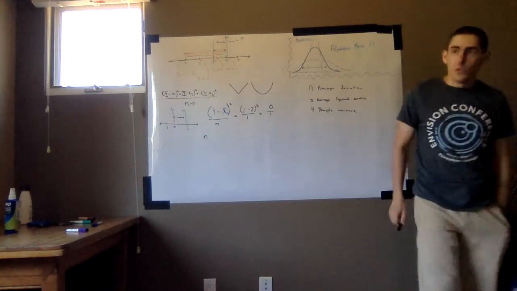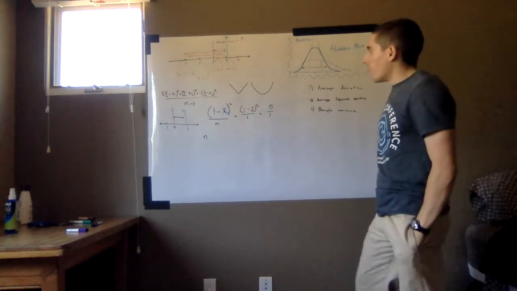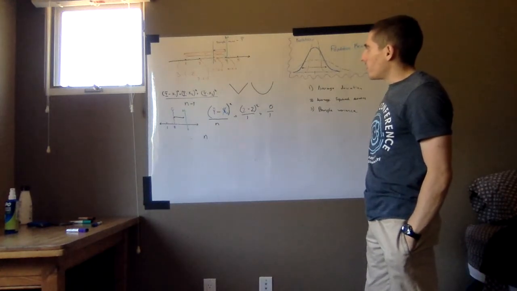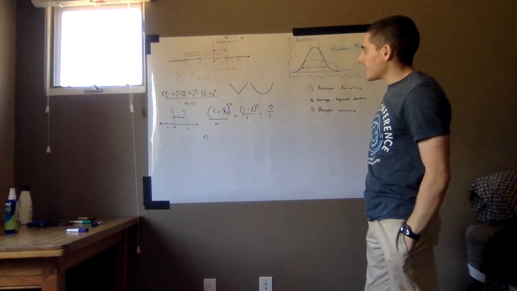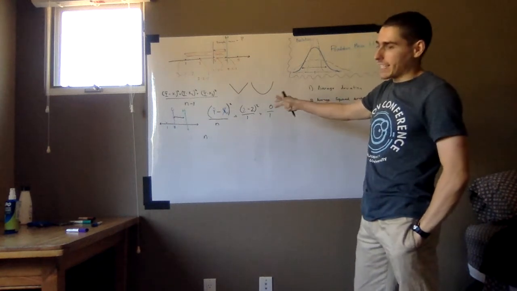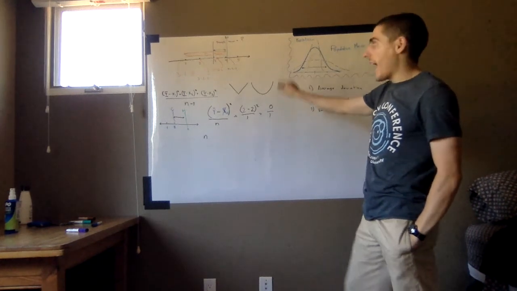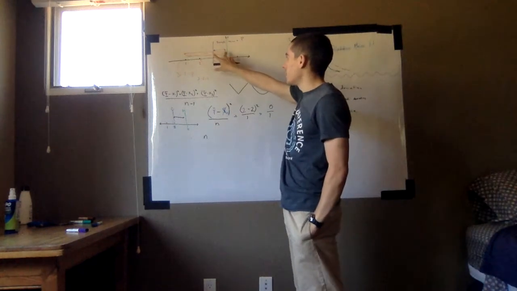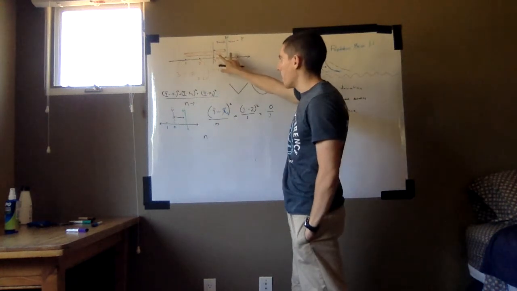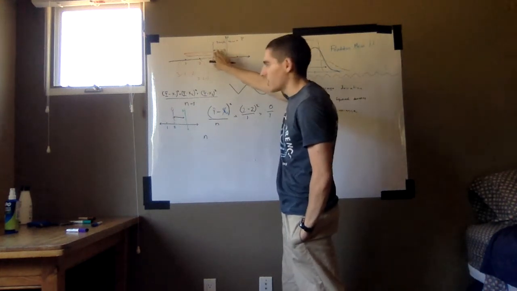So you want the adjustment for the bias to get smaller as you add more data points to your sample, because this distance shrinks.